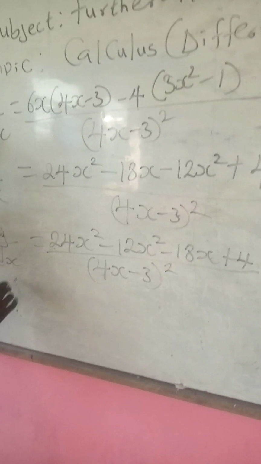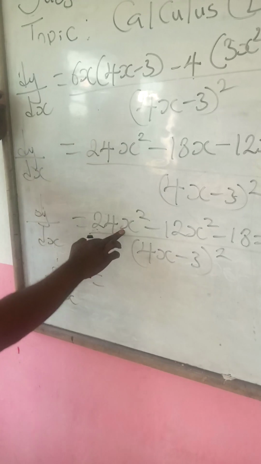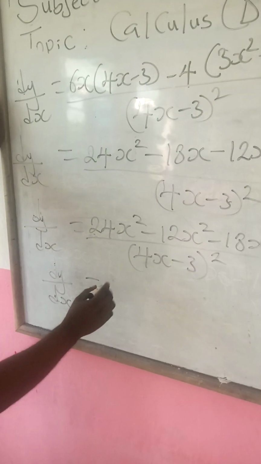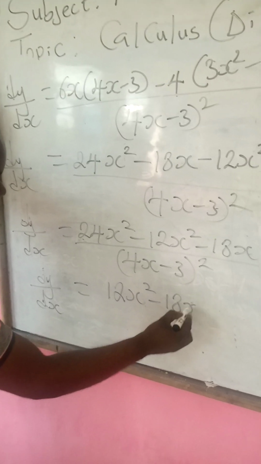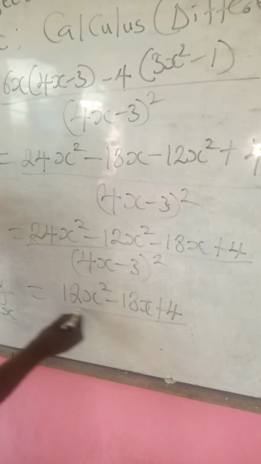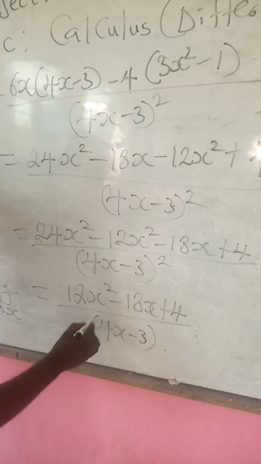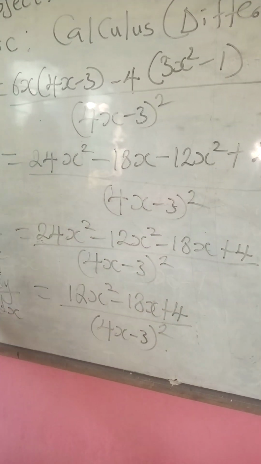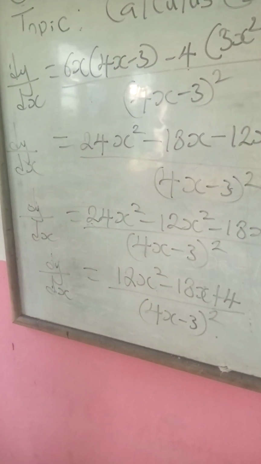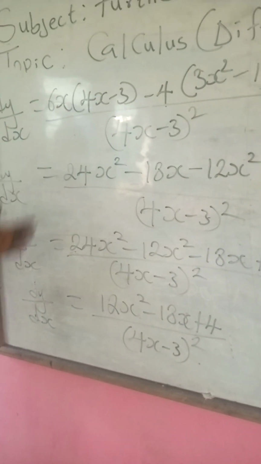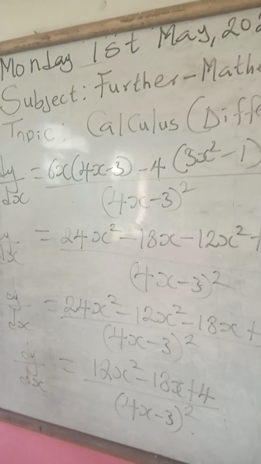Okay, so finally my dy dx will now become 24x squared minus 12x squared will give you what? 12x squared minus 18x, plus 4, divided by 4x minus 3 raised to the power of 2. This will be my dy dx. As everybody can see, by applying the quotient rule, that is very simple. It's just for you to follow the procedure.